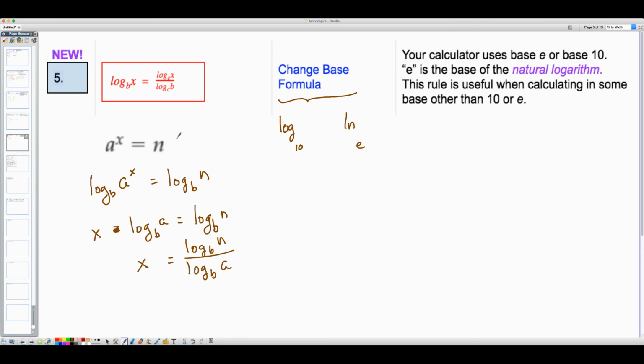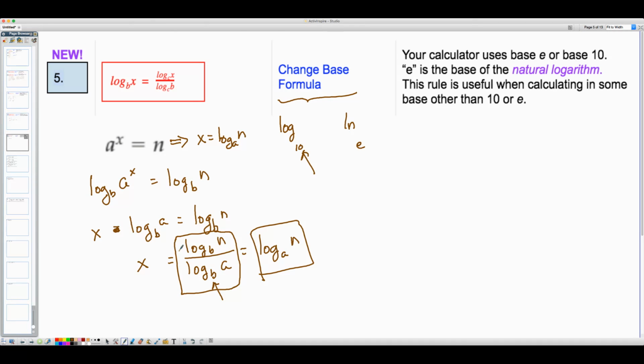Well, x, by my definition of logs, the power x, is equal to the log in base a of the number n. So this is equal to the log in base a of n. Now think about it. If b is base 10, because I have that on my calculator, I can change any log to be in base 10 using this, and that's the beauty of this.